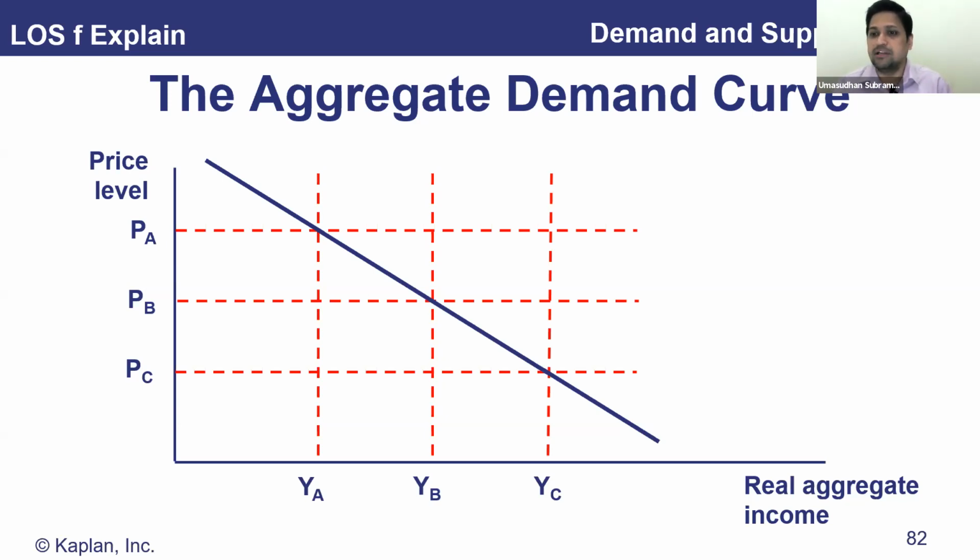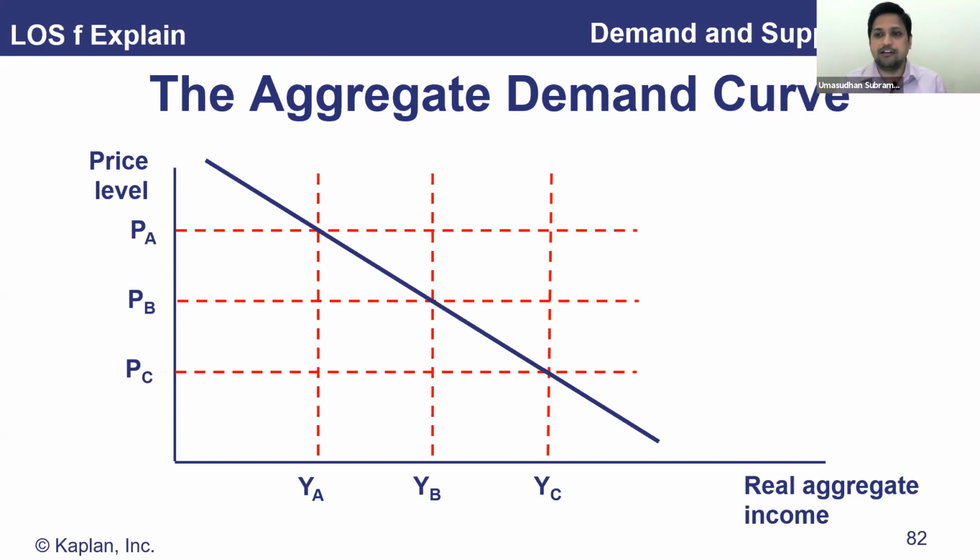Macro doesn't come like a big bang. It doesn't just come overnight. Macro is nothing but consolidating all your micro variables. So you have your aggregate demand curve, which is downward sloping, which means when the prices go down, you have more demand. When the prices go up, you have less demand.